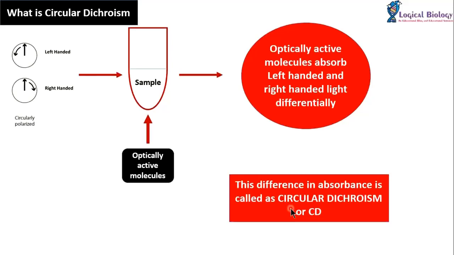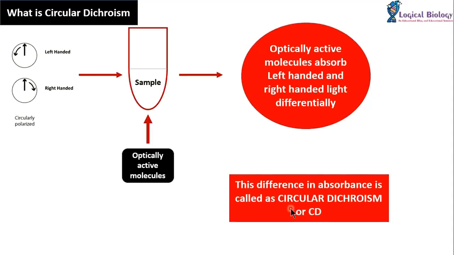So CD is nothing but the difference between the absorption of left-handed light and right-handed light. So when we want to measure circular dichroism, we are measuring nothing but the difference in absorbance A, which we have seen in the Beer-Lambert law, and this difference is called circular dichroism or CD.